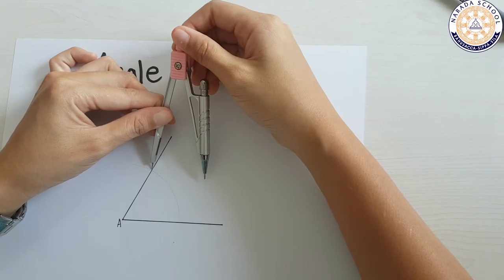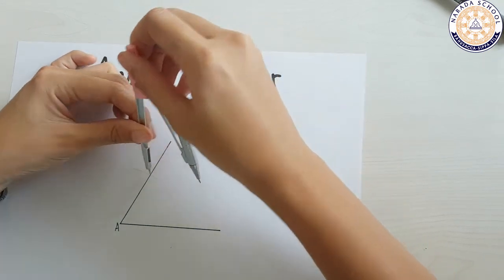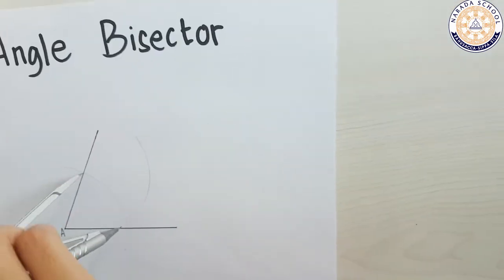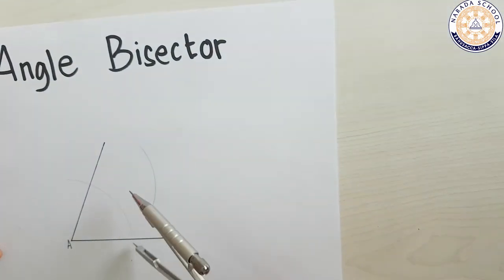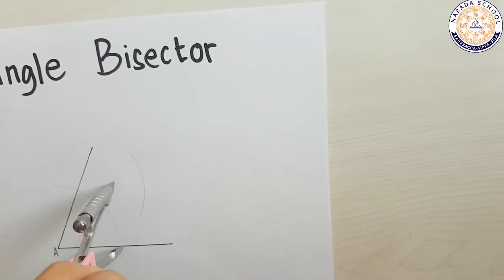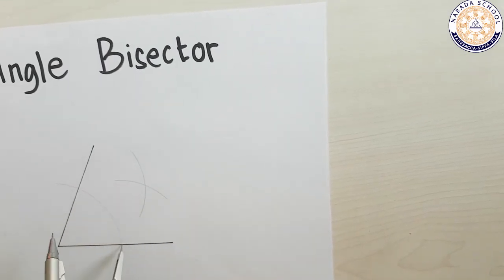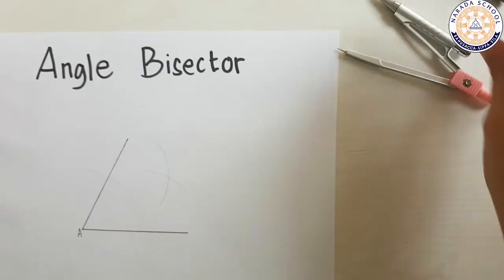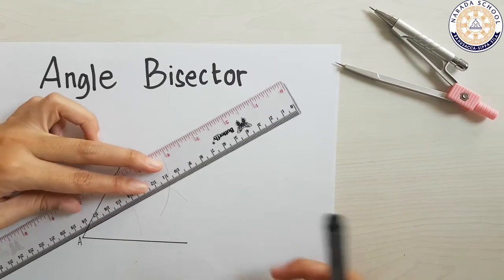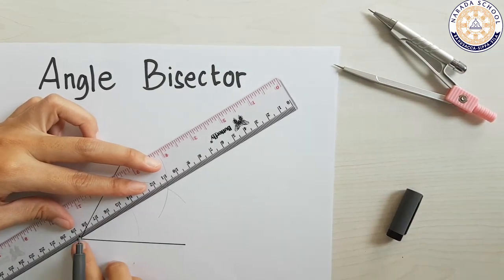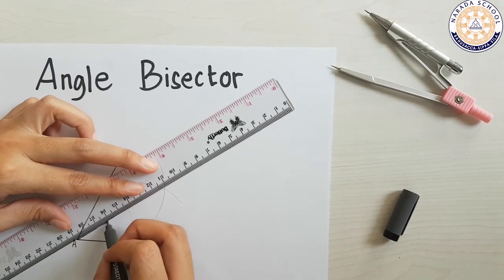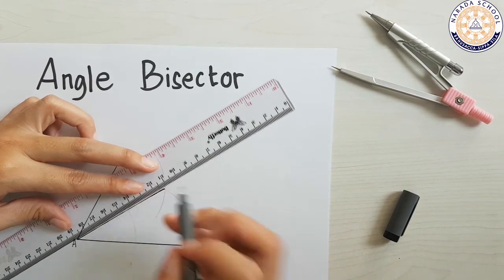We have the intersection, we put it in this intersection, and then we make another arc, and then we move to another point and make the arc. After that, there is an intersection over here between the arcs, so we make a line starting from the angle A to the intersection, like this.